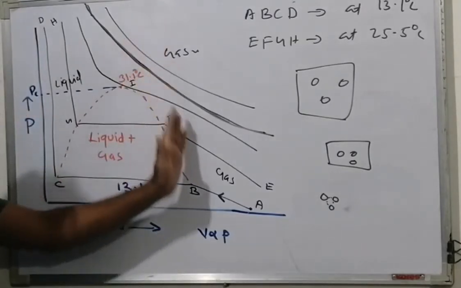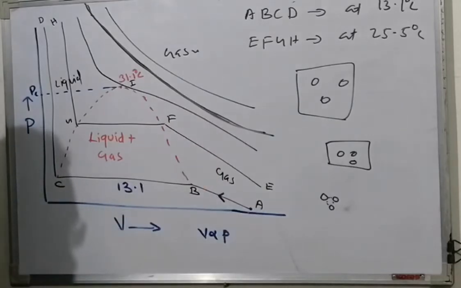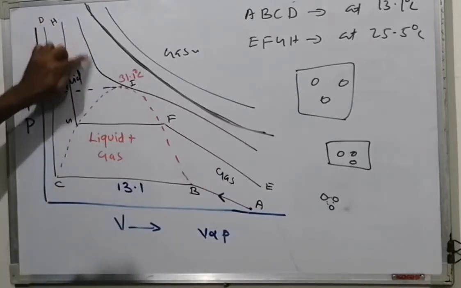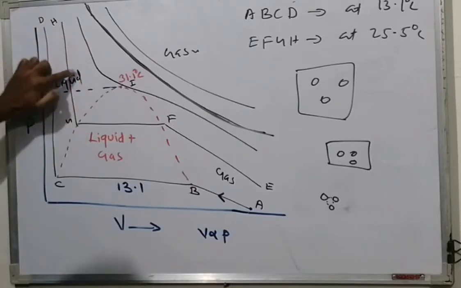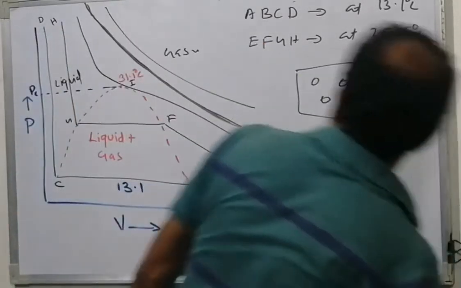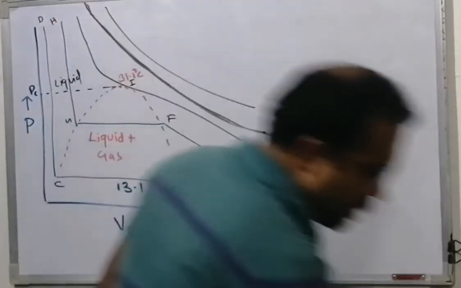The physical state of gases: this area is gas, the area below this is liquid, and this area is liquid and gas together.